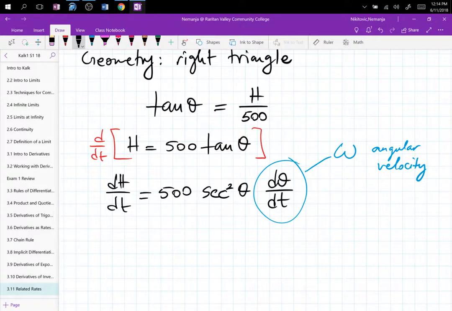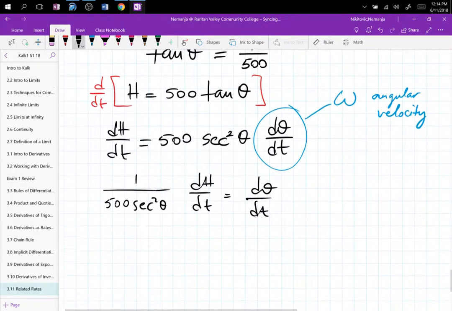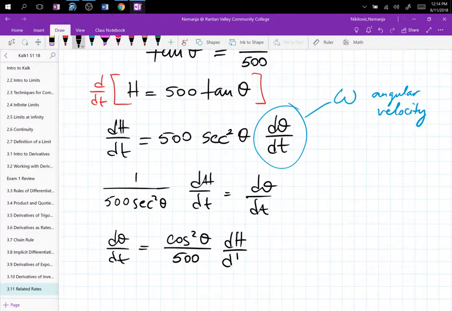So I have 1 over 500 secant squared theta dh dt is equal to d theta dt, which is what I'm after, which is omega. So now d theta dt is equal to, now secant squared in denominator goes up as what? Very good. Divided by 500 dh dt.